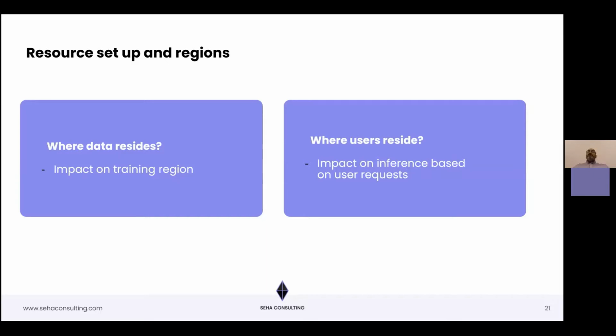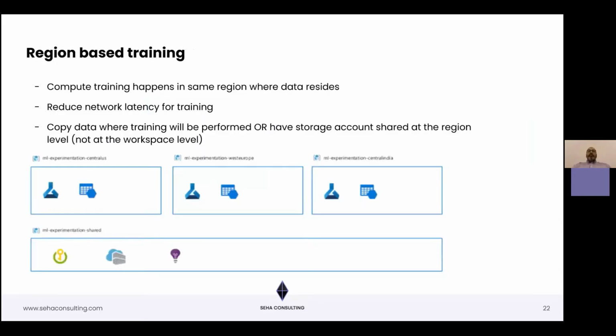The users of that model are going to be sending requests to your model for inferencing and scoring, and those requests need to be processed. The latency for those requests is going to depend on which region you deployed that model in versus where your users reside. So what are the options?